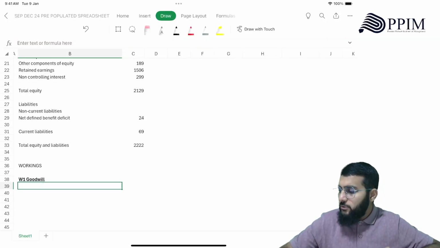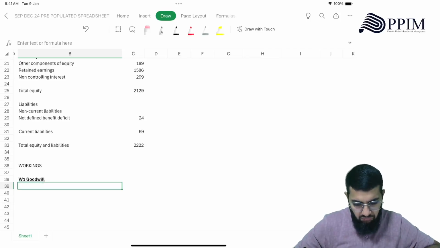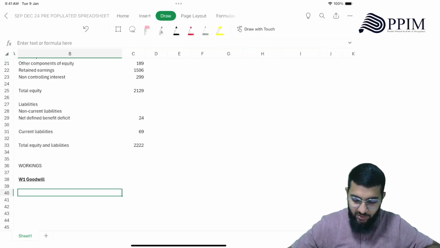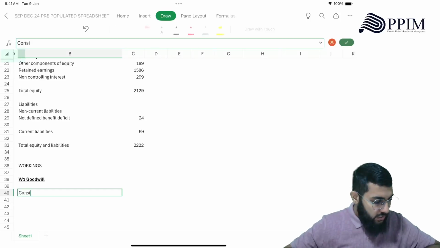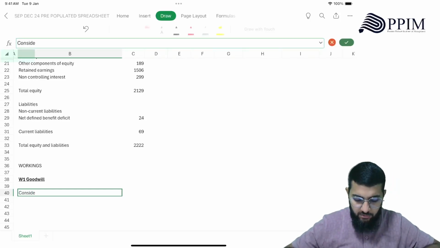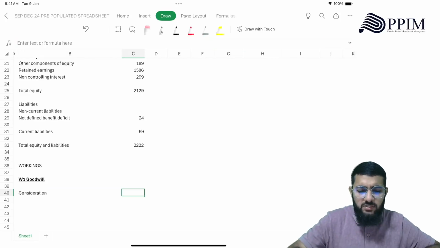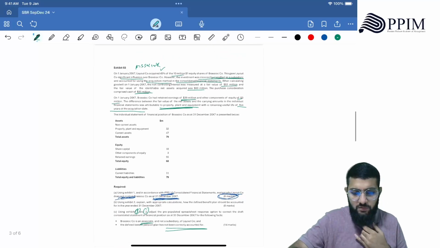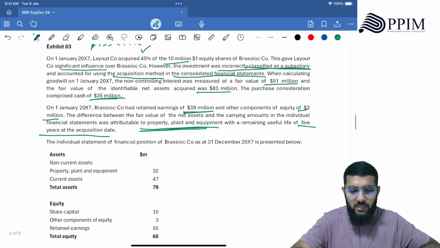Okay, how do we calculate goodwill? We need to know the calculations, basic knowledge that you need to carry forward. We have consideration. How much consideration are they saying here? The exhibit says they gave the consideration of 35 million.